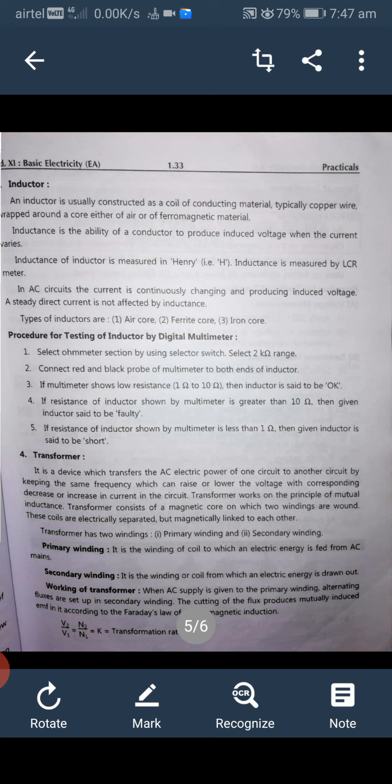If the resistance of the inductor shown by the multimeter is greater than 10 ohm, then the given inductor is said to be faulty. If the resistance is less than 1 ohm, then the given inductor is said to be short.